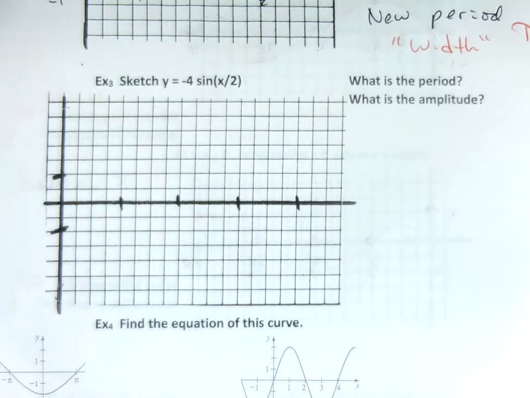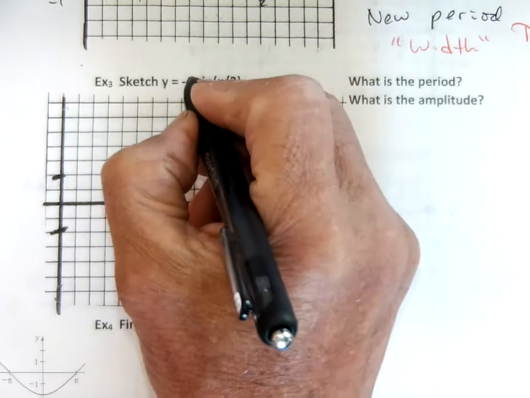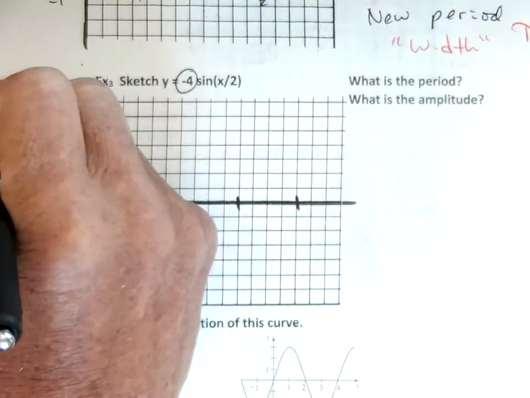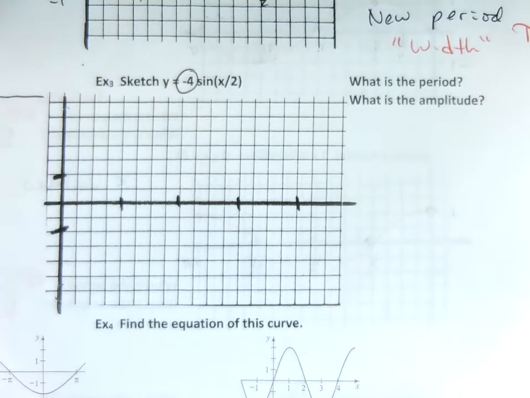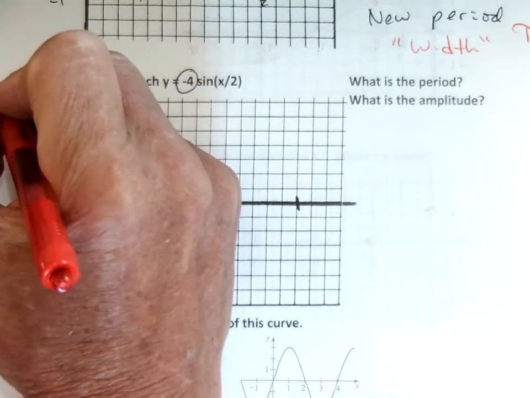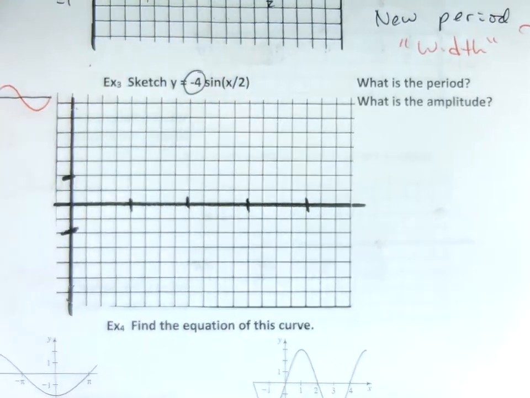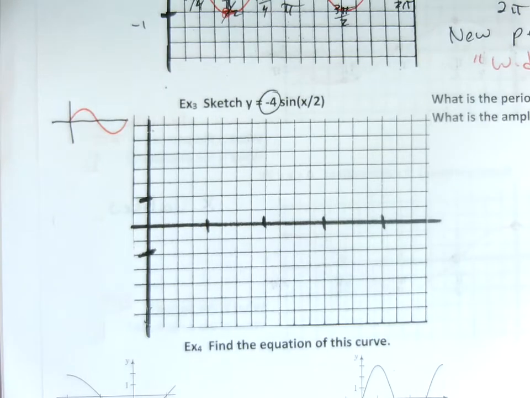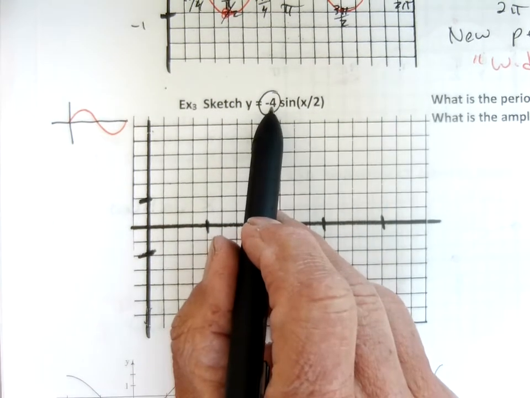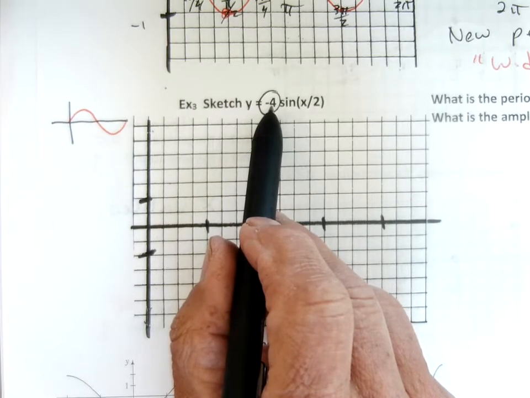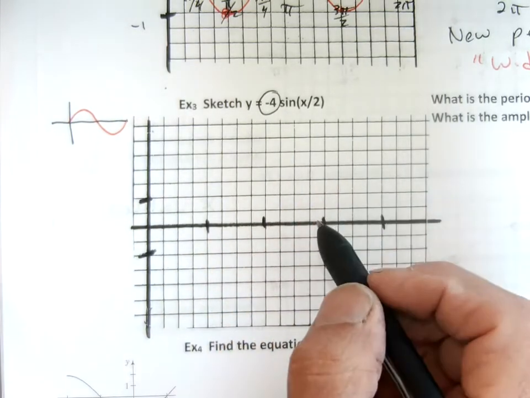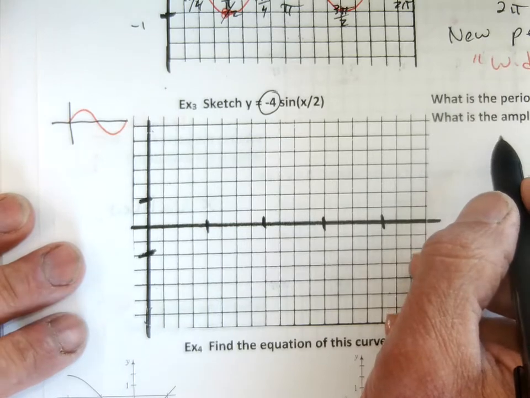We're smart. All right, so first of all, before I do anything, I know a sine curve looks like this. I just want to draw it on the side, so I've got a picture of what a sine curve looks like. My little mini sine curve. This sine curve is going to be upside down, okay, because of the negative, and it's going to have an amplitude of 4.